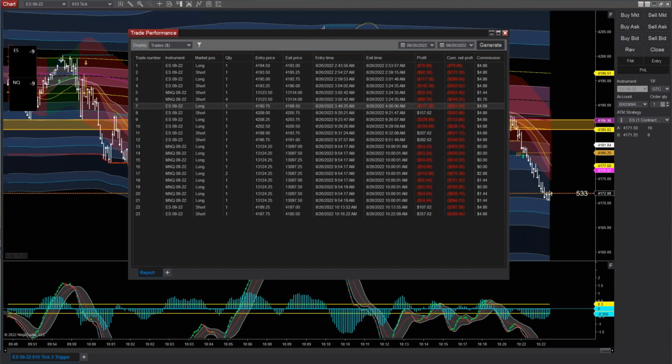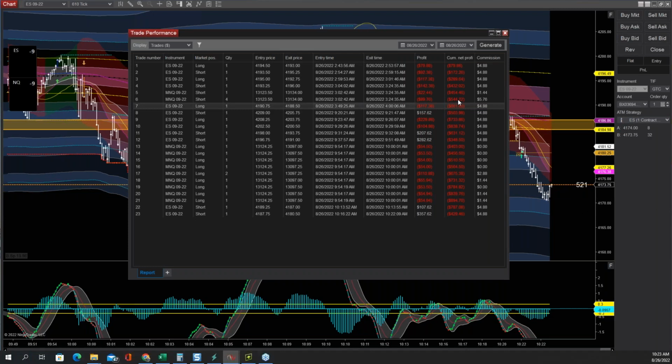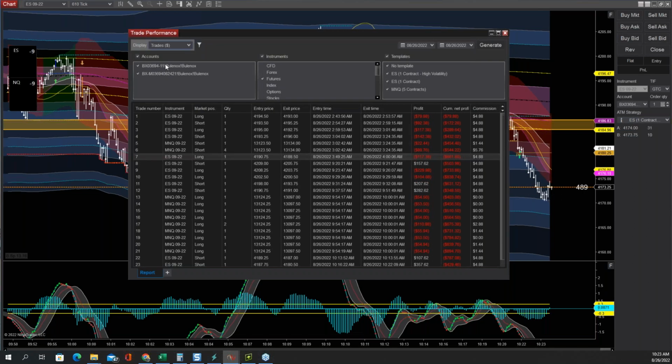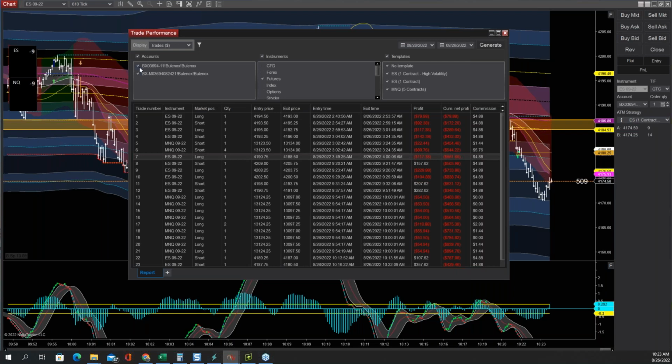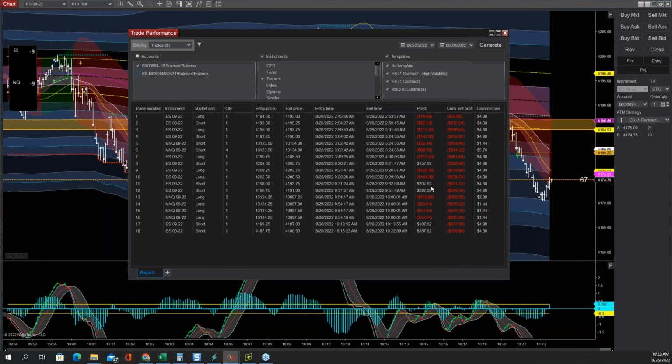Okay, so we started right here at minus 544. Because I have that other trade on here. I have my other live account there, which is 289. So if I'm doing the other trade here, let me see. This is that one.